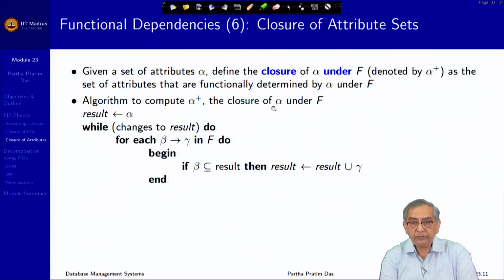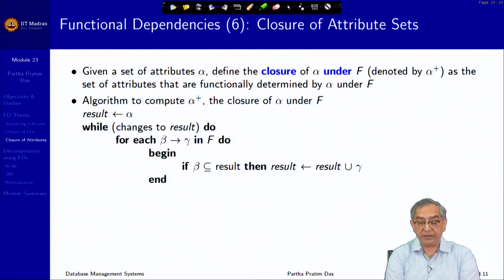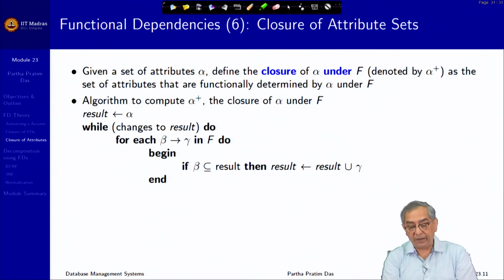Now, we will introduce another concept. So, this was closure set of functional dependencies. Now, we will talk about the closure set of a set of attributes. Suppose you have a set of attributes alpha, then under the set of functional dependencies F, we compute the closure of alpha as alpha plus. So, what is alpha plus?